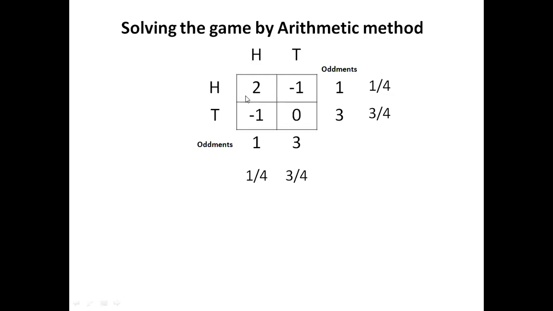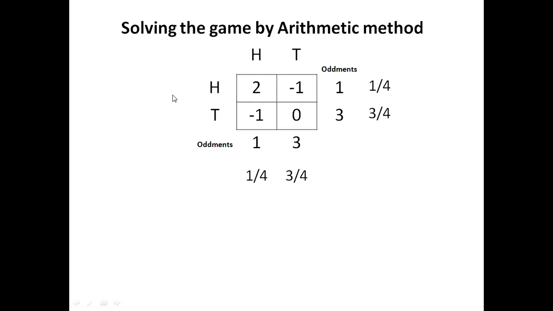Okay. So first what we need to do here is find out the oddments. They are called the oddments. These oddments are the difference between the payouts of one strategy of a particular player.